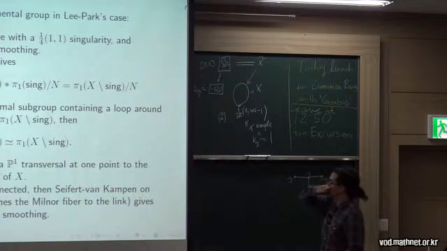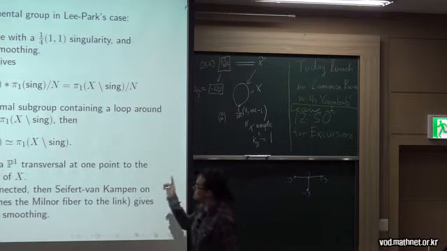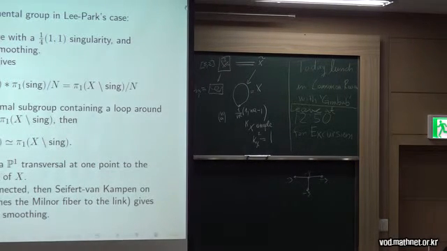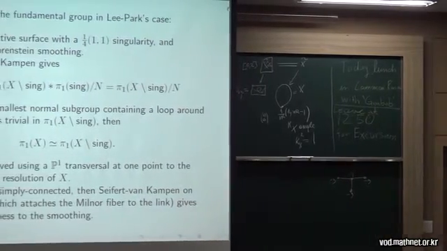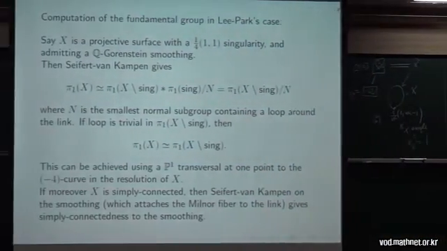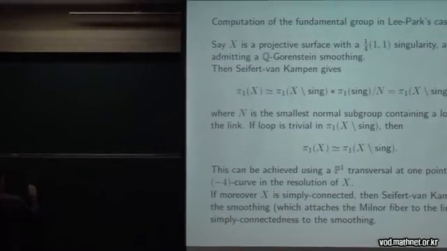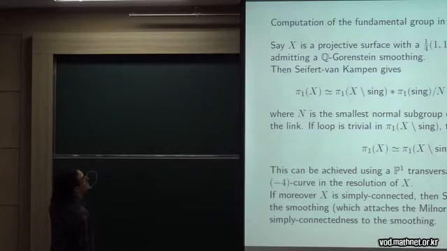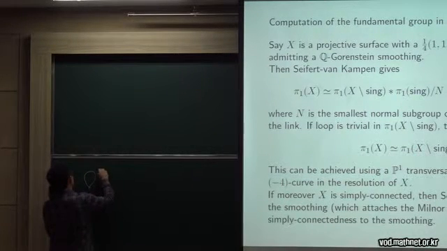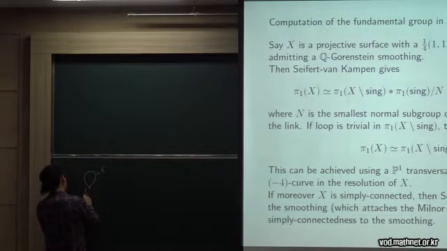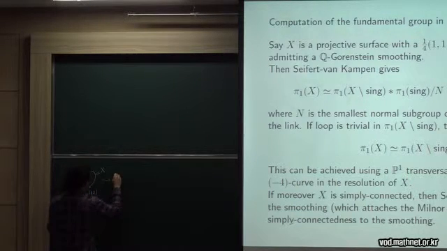So first I would like to explain, because we use the method to compute the fundamental group from the boundary. And for the case that I care about, which is the simplest, the quarter 1-1 singularity. So say that we have a surface X with a quarter 1-1 singularity, and we have a Q-Gorenstein smoothing of this.